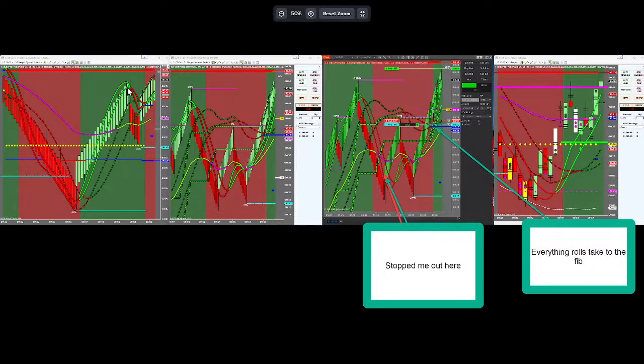This one I love. Odds favorable. Comes back, rolls. Beautiful. Paul. When a great trade doesn't work, Paul, that is such a great entry.